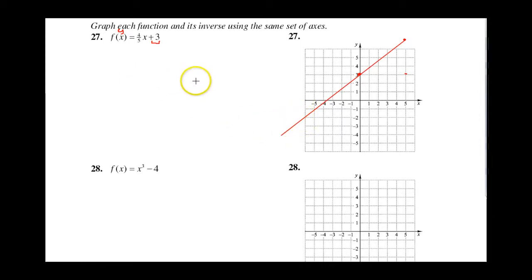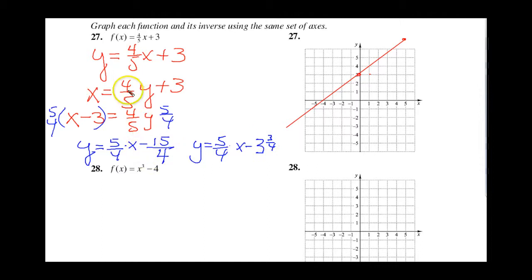And its inverse would be, oh, I didn't want to do that. Let's see if I can get back to it here. Nope. Sometimes I can get back to it. So as we find the inverse of this, we exchange the y and the x.